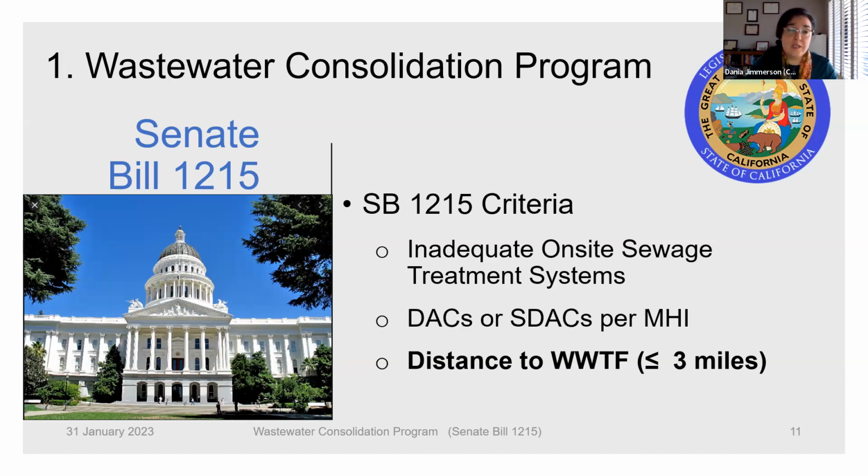So if there is a voluntary consolidation going and it so happens that the distance is a little bit greater than 3 miles, as long as it is within the maximum allowable funding that the FAA has as part of their requirement, the project is still likely to be approved.